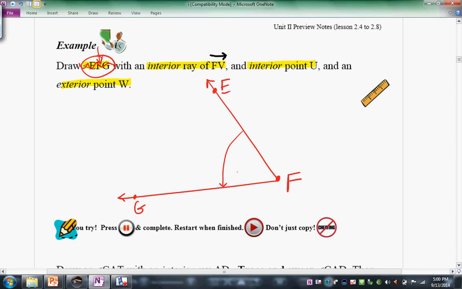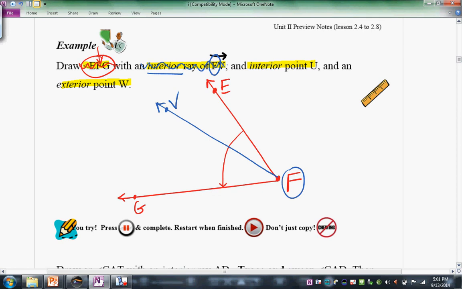We have an interior ray of F to V. Same letter, same point. So that F right there is the same F here. It's interior, which means it's inside. Warning, unless I say the word bisect, do not put it in the middle. You'll confuse yourself. So I'm going to offset it a bit. And it's F to point V. That's an interior ray. It's inside the angle.